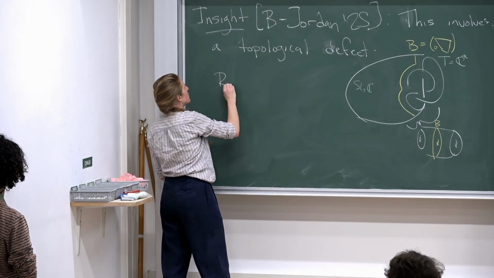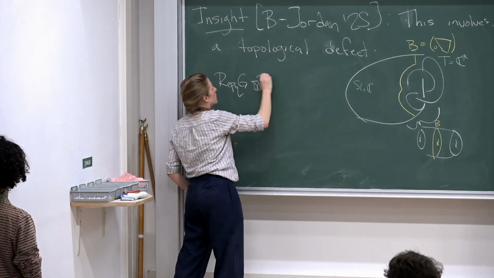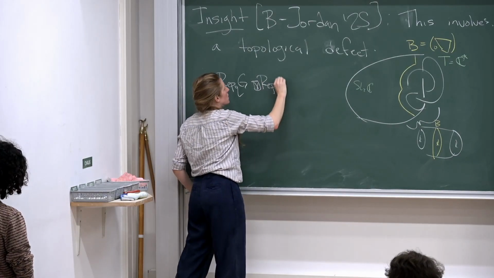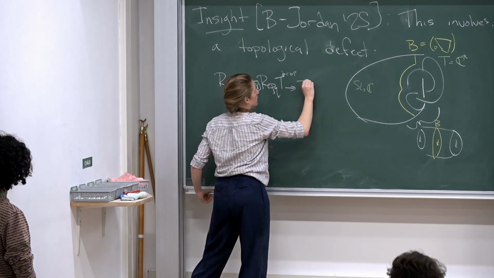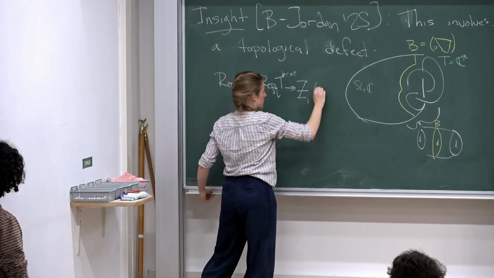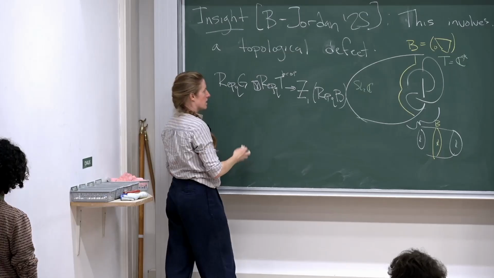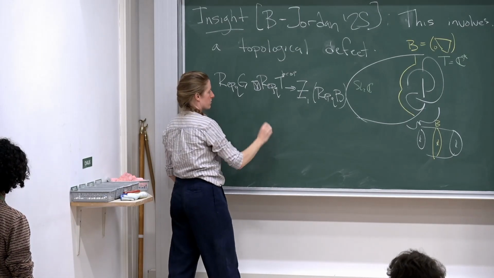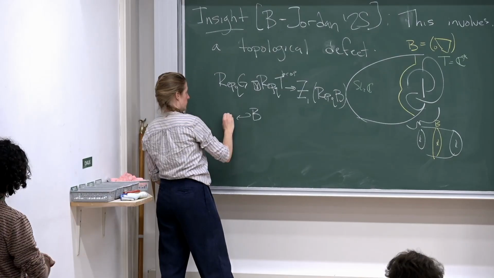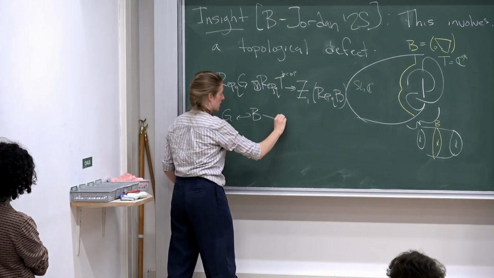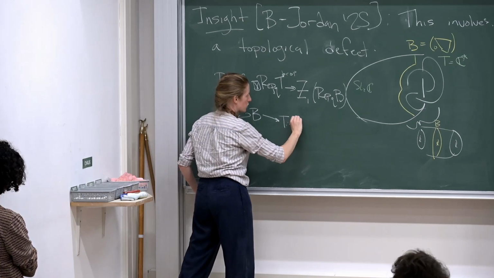Well, for us, it needed to be from Rep_q(G) boxed tensor Rep_q(T) reversed opposite, to the Drinfeld center of Rep_q(B), like this. And we induced it from just, if I have B, this is a subset of G, and I can understand the maximal torus as a quotient.